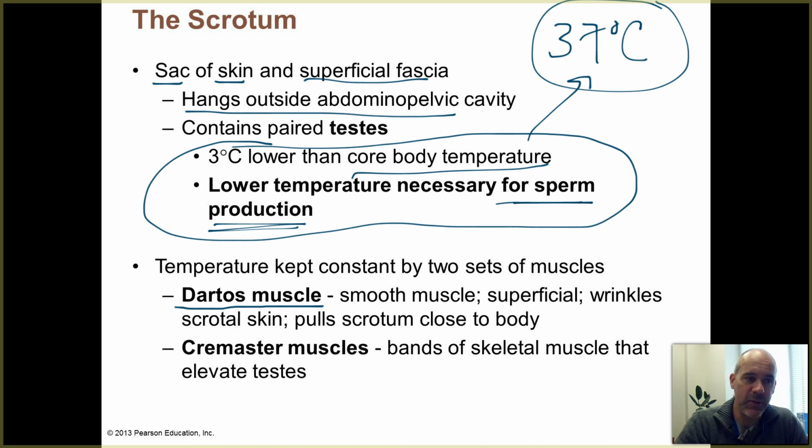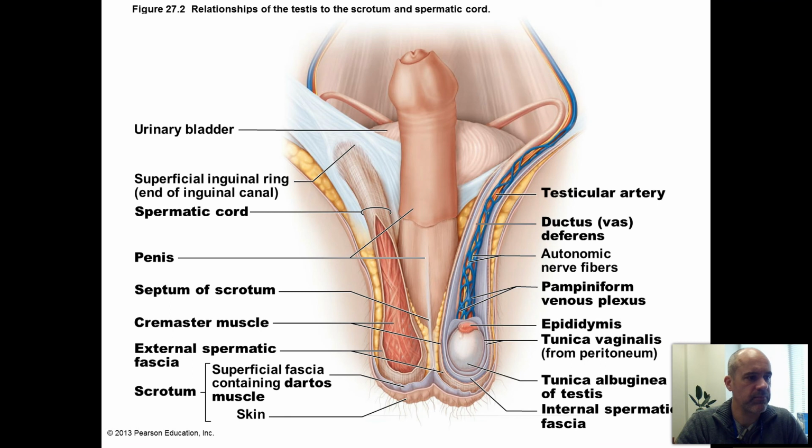So if they are getting too cold, then the dartos muscle can contract and help pull the scrotum closer to the body. The cremaster muscle, these are bands of actual skeletal muscles that extend down into the scrotum, and they're able to help elevate the testes when needed.